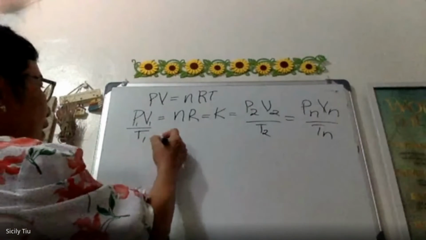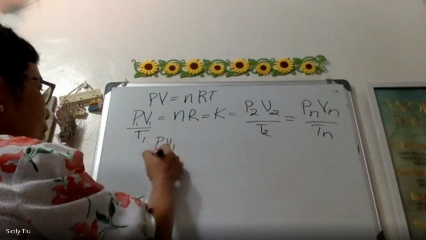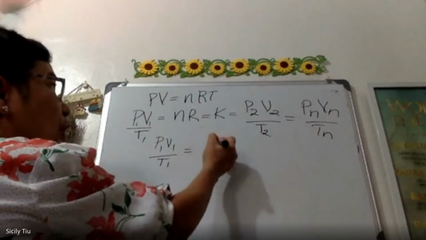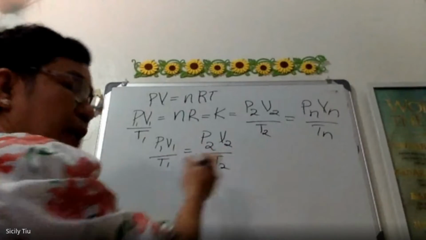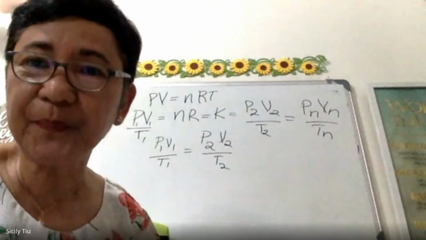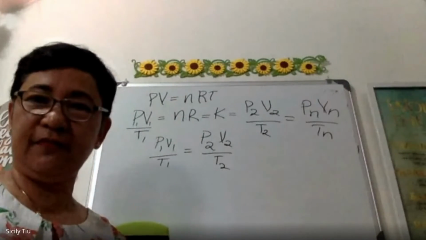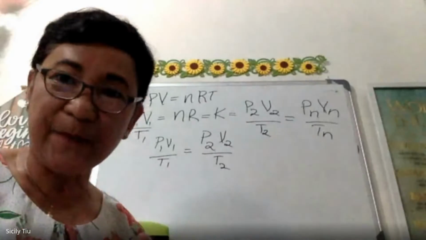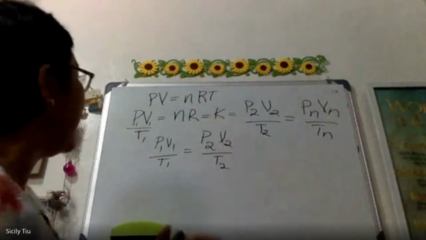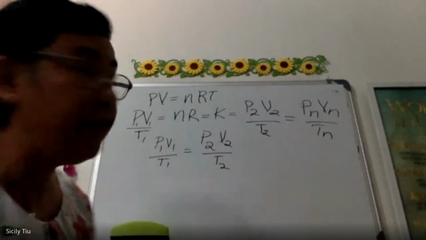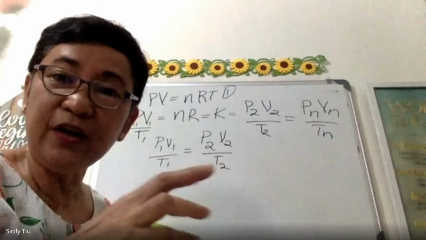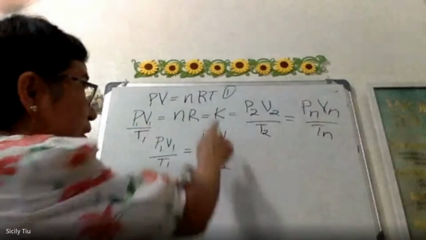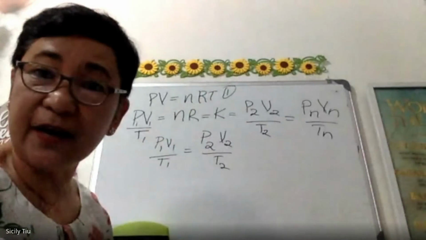Now, what is this, P1 V1 over T1 equals P2 V2 over T2, if I only consider point 1 to point 2? What do you call that, Mr. Cabio? Combined gas law. Very good. Okay? Combined gas law. So, meaning to say, I started from here, and you will see how many equations can be developed from here.